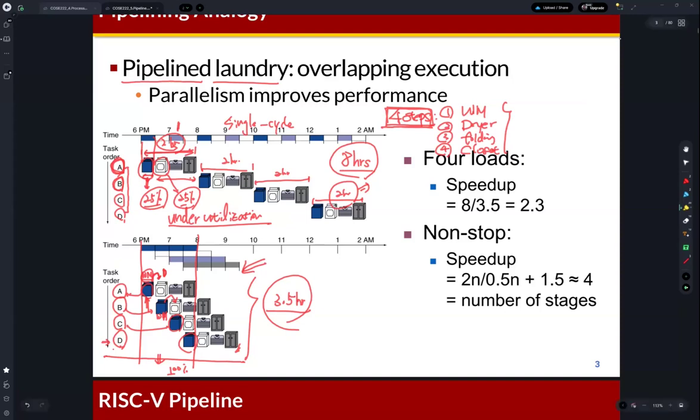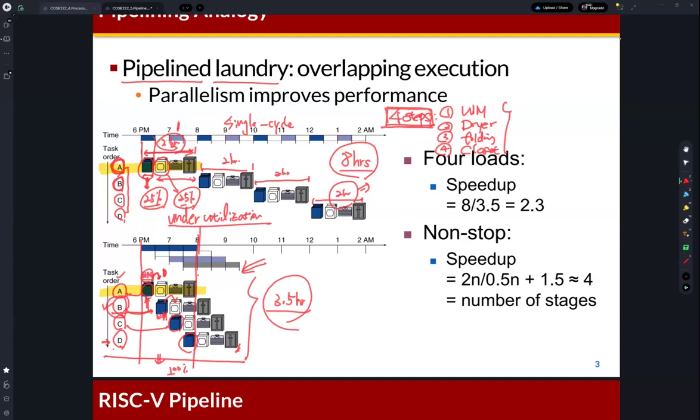So what does that mean? If we just focus on this single task, and compare the completion time for this task A only, actually the completion time for this task A is the same, right? It is complete at 8 p.m. It's the same. But what's the benefit? We can begin the process for task B earlier.